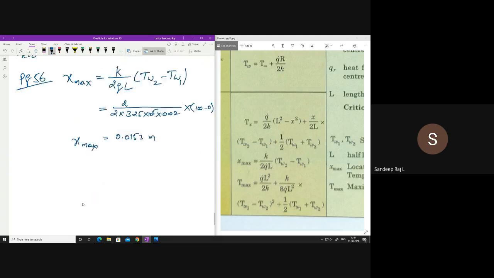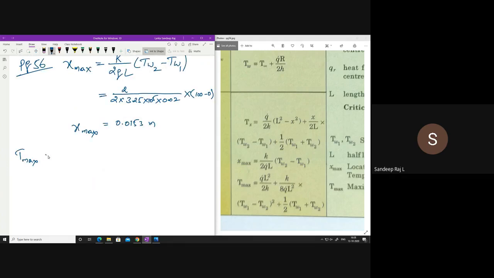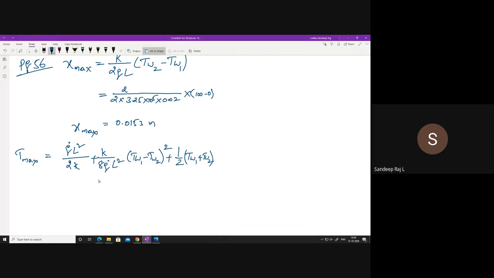And then he's asking T max. T max is equal to Q dot L square by 2K plus K by 8 Q dot L square into TW1 minus TW2 whole square plus half of TW1 plus TW2. Now Q dot is 3.25 into 10 to the power of 5 into L square, 0.02 whole square.